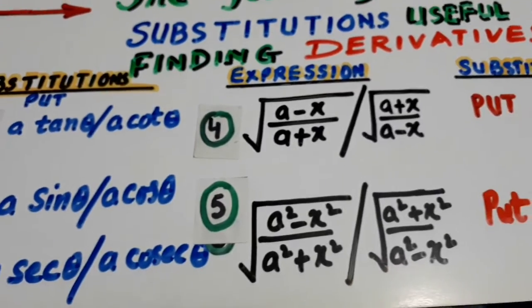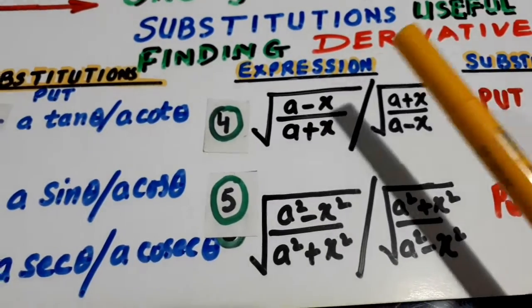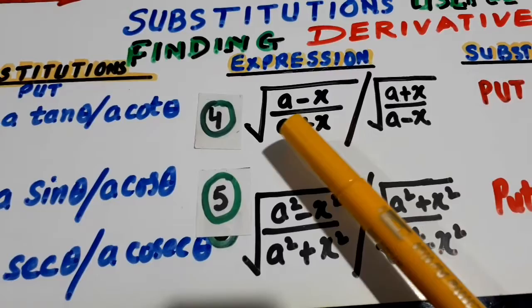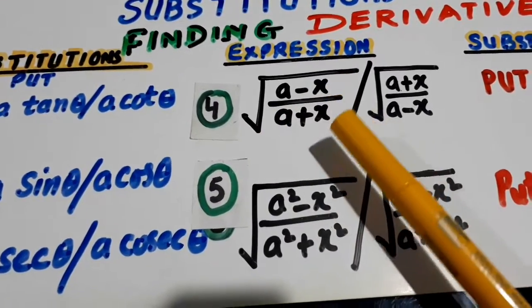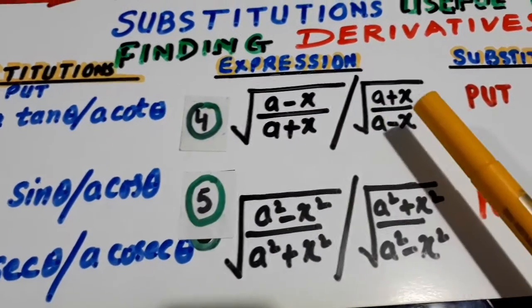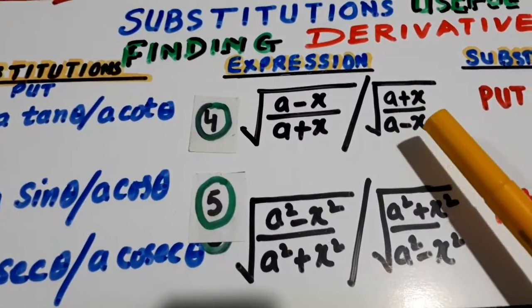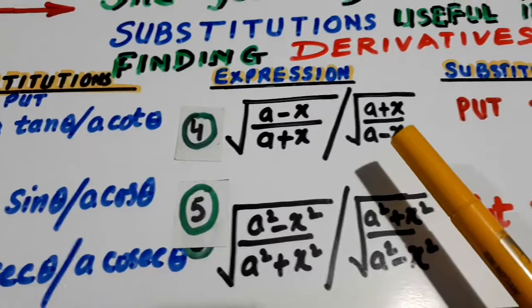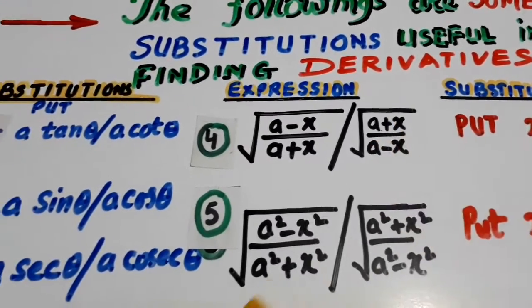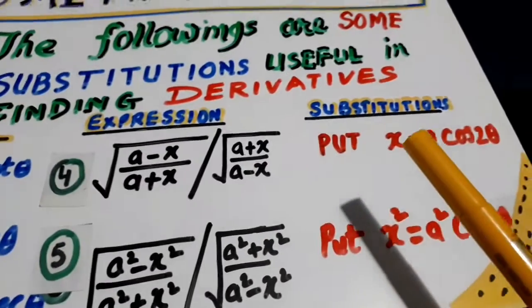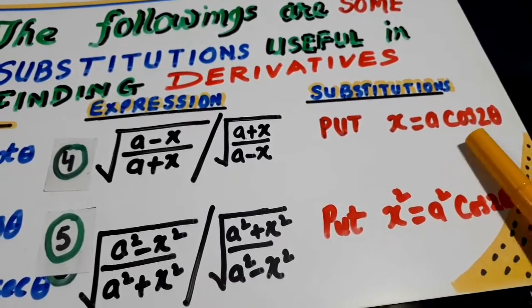When the functions are of this shape, within the square root, a minus x over a plus x, or vice versa, that is a plus x in the numerator and a minus x in the denominator within the square root, then what should we substitute? Then put x is equal to a cos 2 theta.